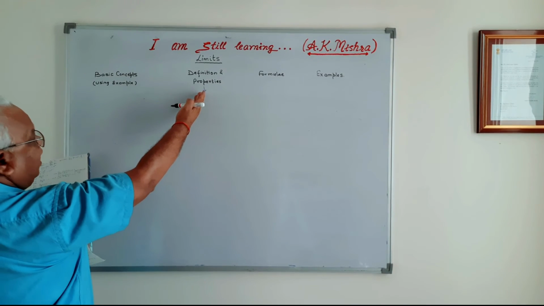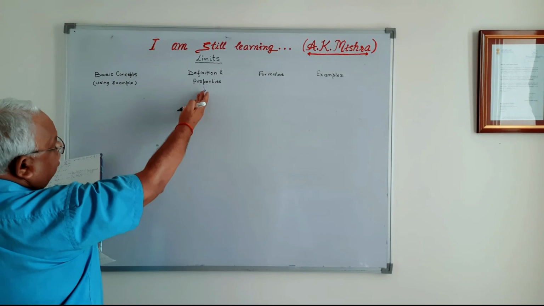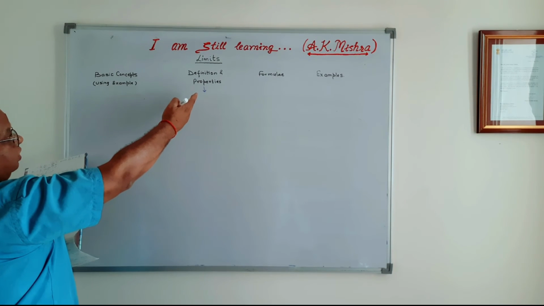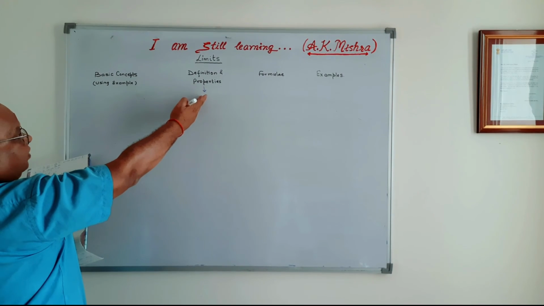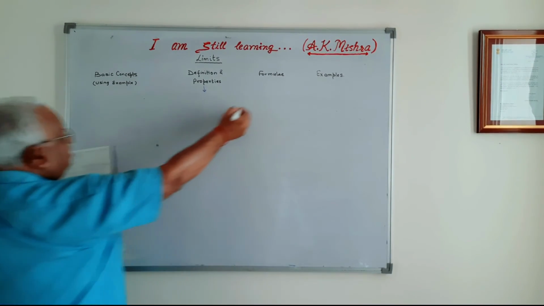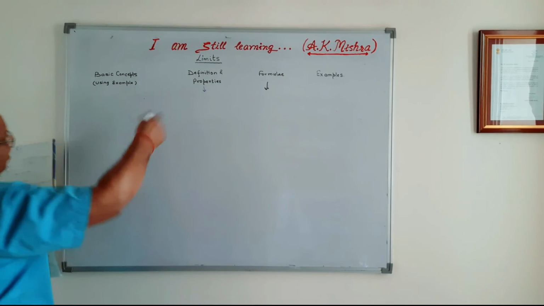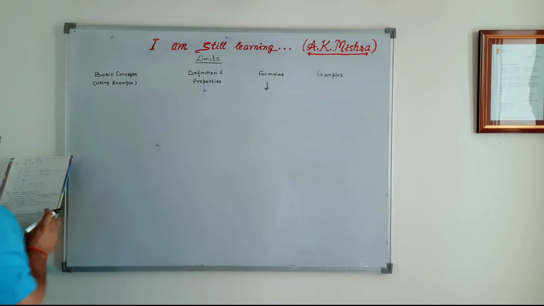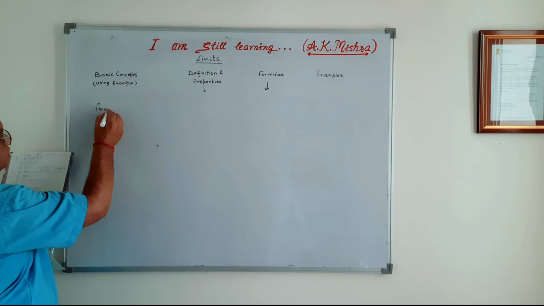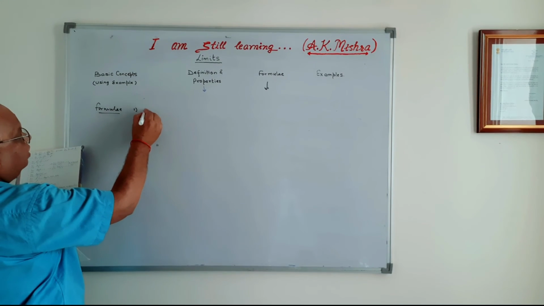If I have not written any formula, or missed out any property, you can add it to that list. Now I am talking about formulas. There are so many formulas, but mainly you will be using these formulas while doing limits.